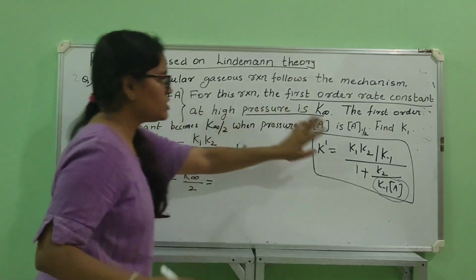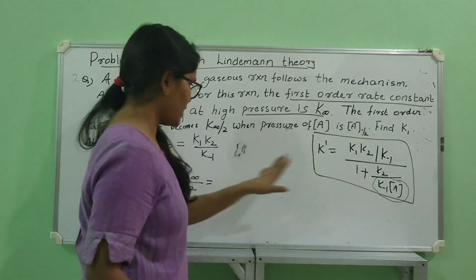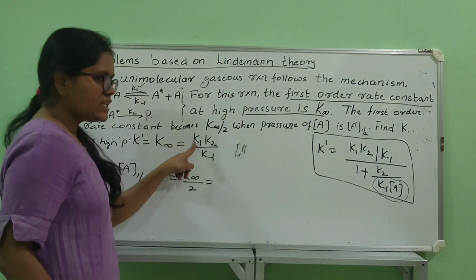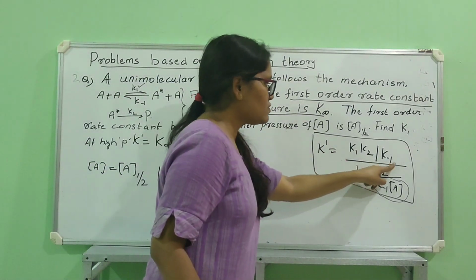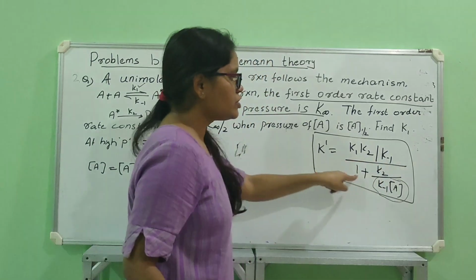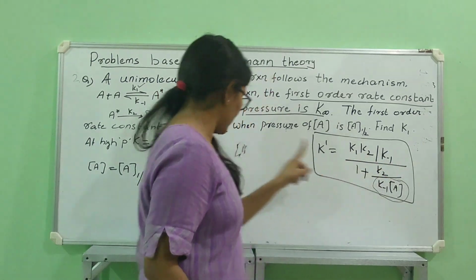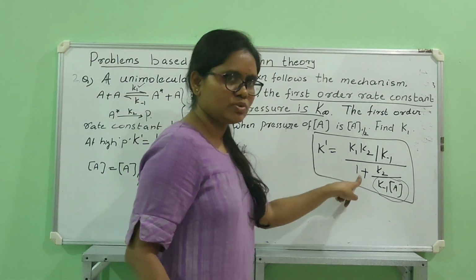Now let us see from this equation, when will K dash become K infinity by 2? We know that K infinity is K1 K2 by K minus 1. So the numerator is K infinity, and for K dash to become K infinity by 2, the denominator should become 2, right?